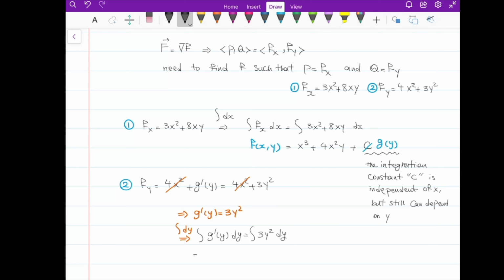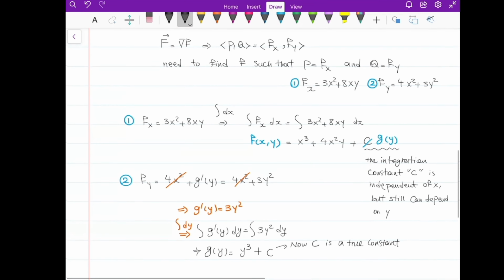The answer for this part, the antiderivative of the function g would be the function g itself, and the integral here would be y cubed plus the constant c. Now this constant is a true constant, it's not a function of anything. Now c here is a true constant, just a number.